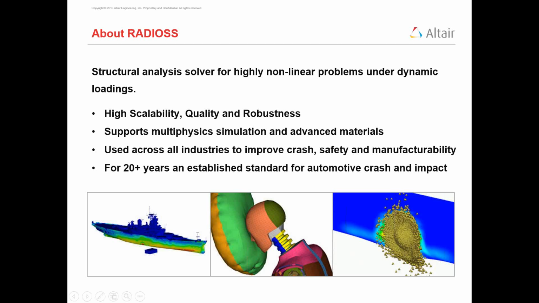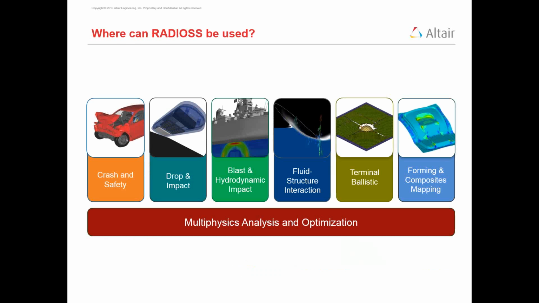It has many different advanced material models and failure model criteria. RADIOSS is used across many industries, and I will briefly give you some of them. It's been in the market for over 20 years, is very compatible, and gives very efficient results when you run your analysis.